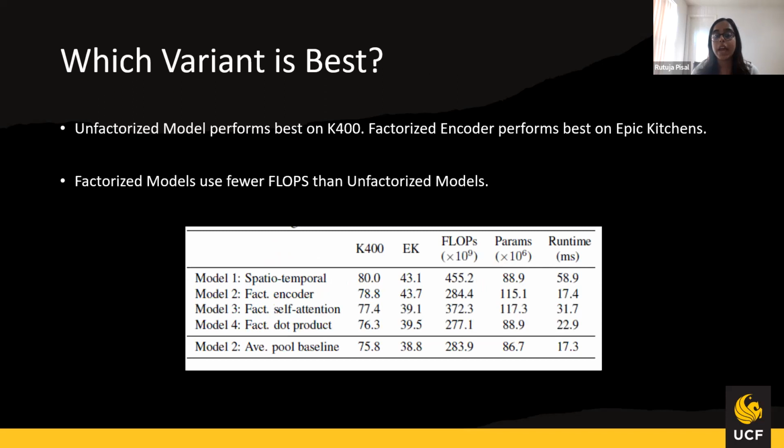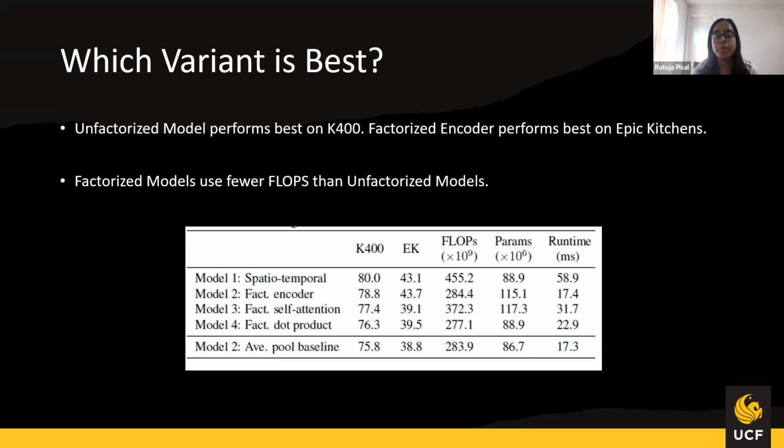Next is deciding which variant is best. On the Kinetics 400 dataset, the unfactorized model, which is model 1, the spatio-temporal attention model, performed the best, but it overfits on smaller datasets like EK.